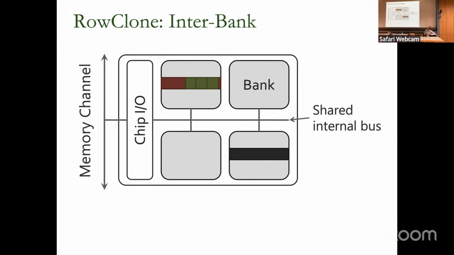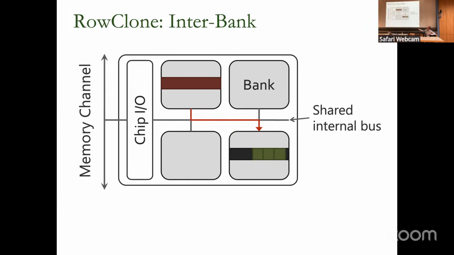But you can set the source bank to the read mode and the destination bank to the write mode and pipeline the reads and writes. This is possible, but it's not supported in existing DRAM chips. Essentially all of the infrastructure is there in the DRAM chip. Normally, when you read the data from here, it goes out to the memory channel. Instead of going out, you just take it in.